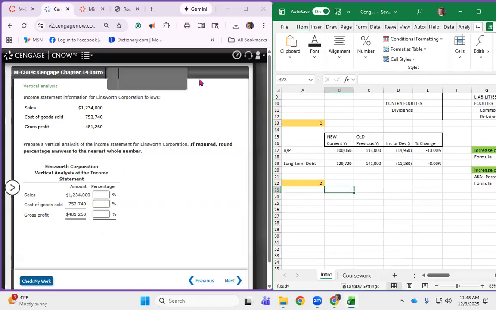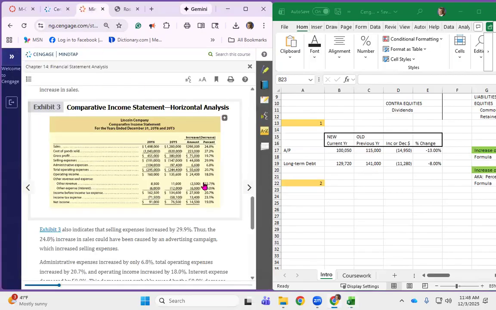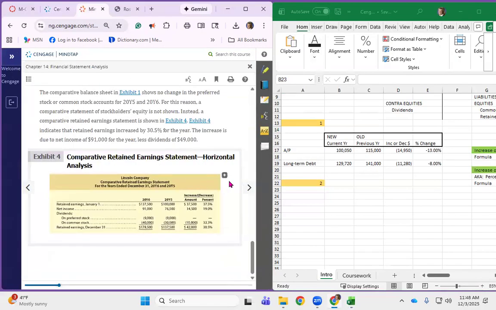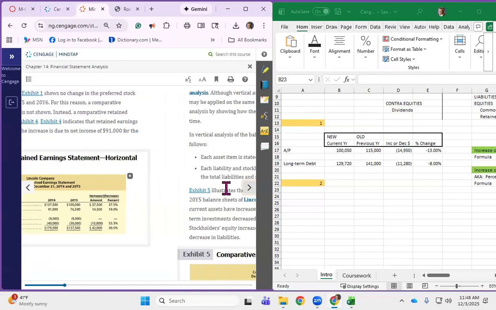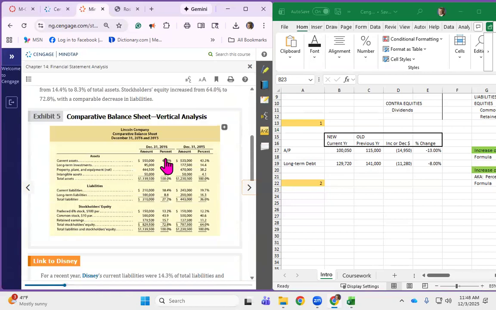All right. So let me show you what vertical looks like. Vertical is up and down. So here is a vertically analyzed balance sheet. You say, what is happening here? Now, we don't want to know the change as far as whether an account increased or decreased, but here's what we do want to know.